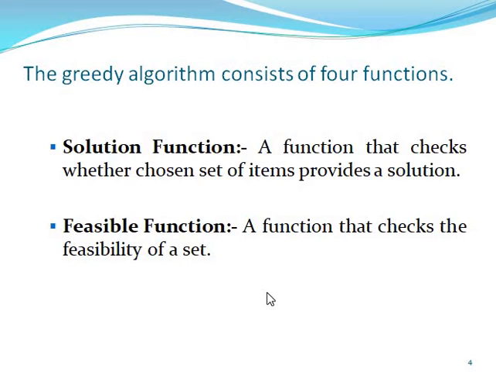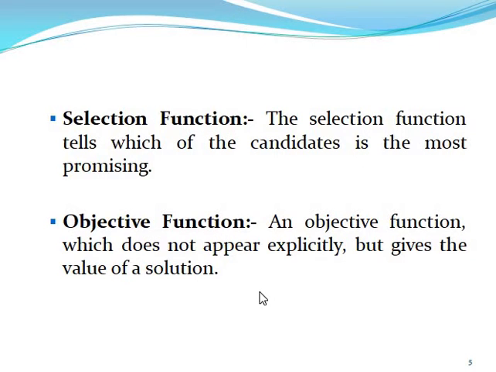And second, the feasible function. It is a function that checks whether a set is feasible, and then it can be used in the greedy algorithm. So second is the feasible function. Third is the selection function. So what is the selection function? The selection function tells which of the candidates is most promising.